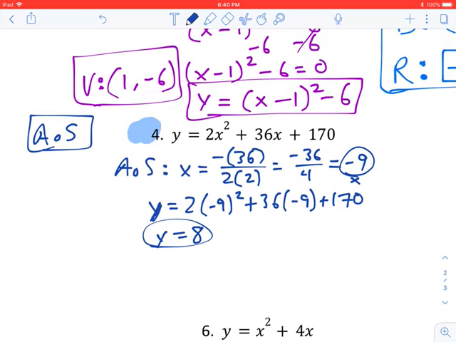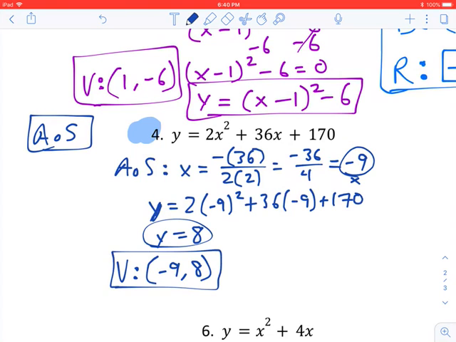I'm going to double check my math because I went out of order here. I'll do that one more time in my calculator. And okay, I got 8 again. So my vertex is negative 9, positive 8.